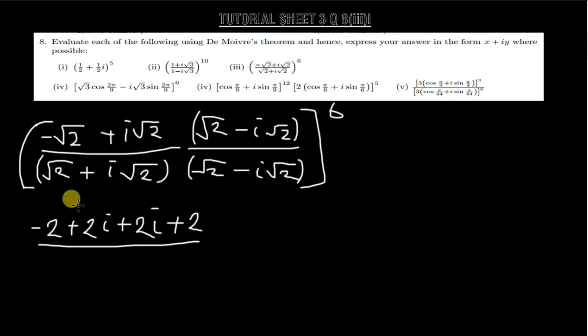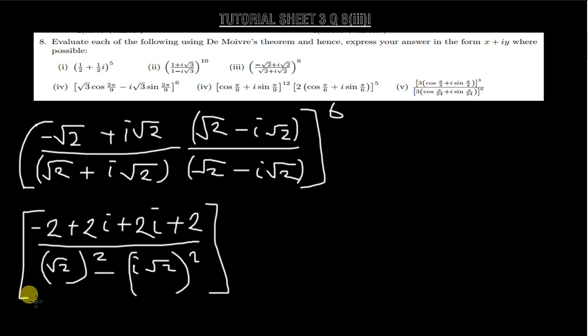And then everything divided by the denominator, which is the difference of 2 squares, which implies that we're going to have root 2 squared minus i root 2 squared, and then remember everything is raised to the power 6.